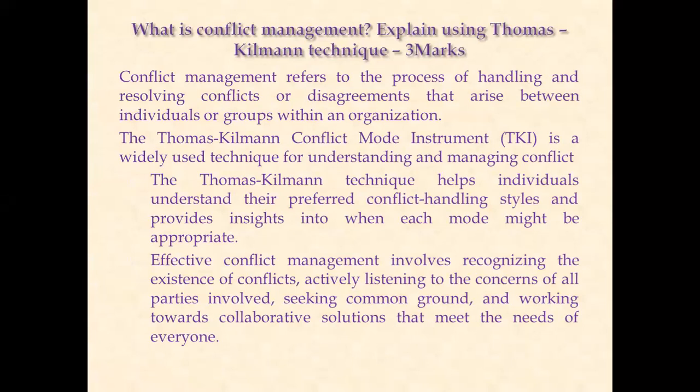And we also have the Thomas Kilmann technique available there. So you need to explain what Thomas Kilmann is. We have certain boxes there which talk about the mindset of the person. So if you can explain that to the mentor, it is decent enough.